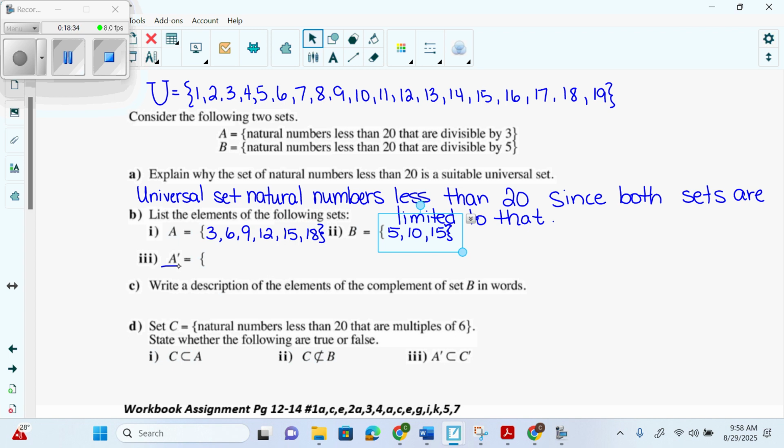So I'm going to get 1 and 2, not 3, 4 and 5, not 6, 7 and 8, not 9, 10 and 11, not 12, 13 and 14, not 15, 16 and 17, not 18, and then I stop at 19 because that's where the universal set stops. I'm not allowed to keep going, right?